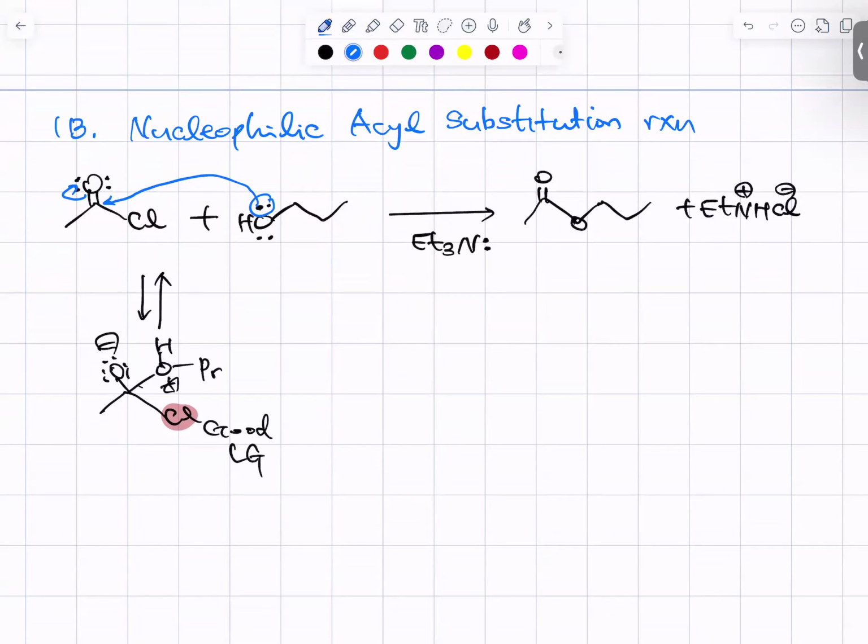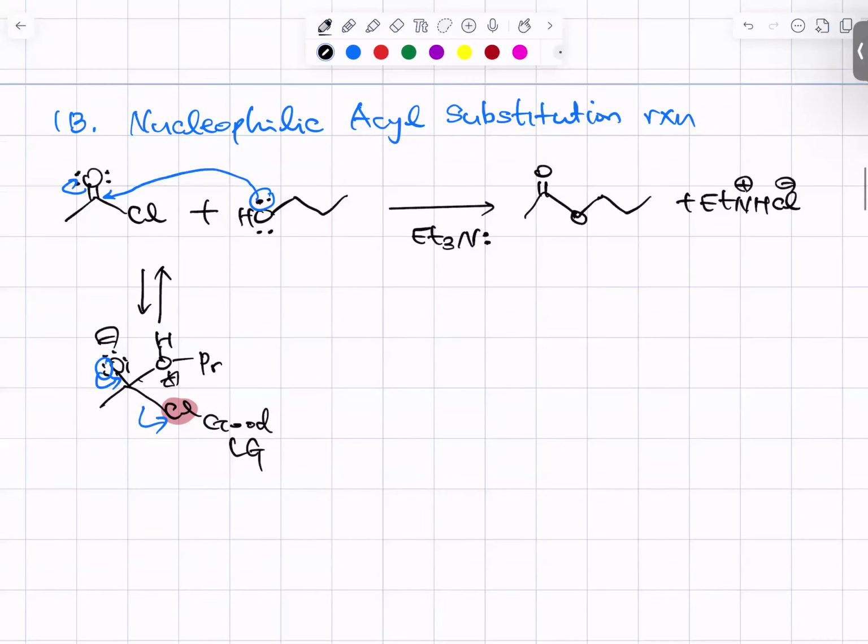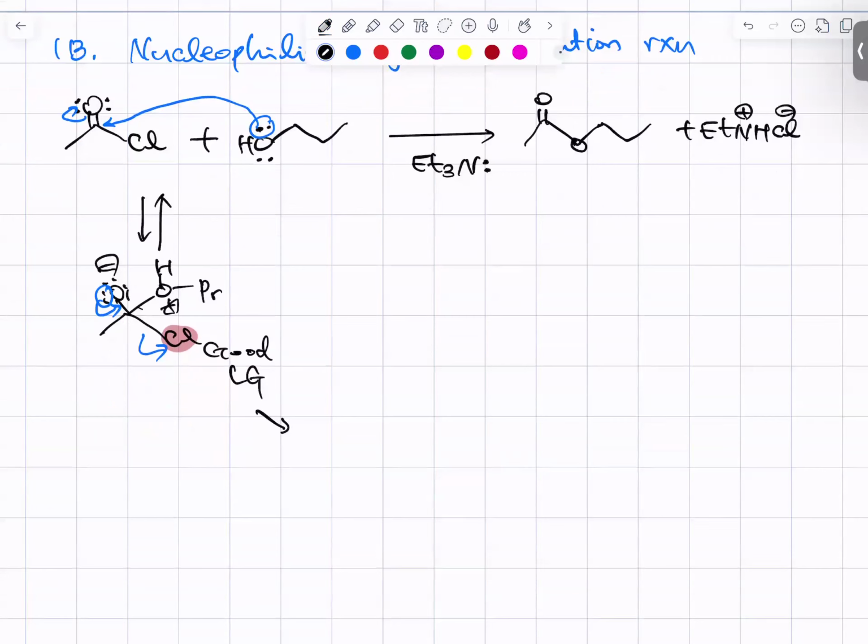So then the carbonyl will be regenerated. The lone pair comes down, the carbonyl group is regenerated, and then chlorine will be leaving. And here is the propyl group right there.